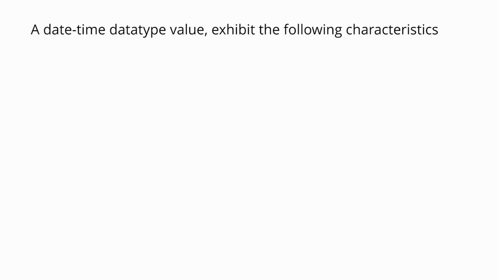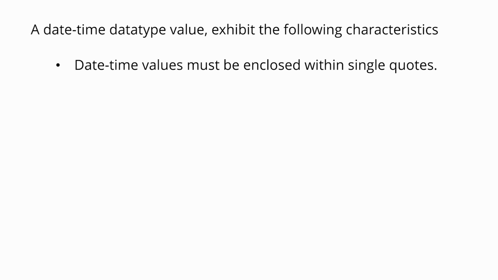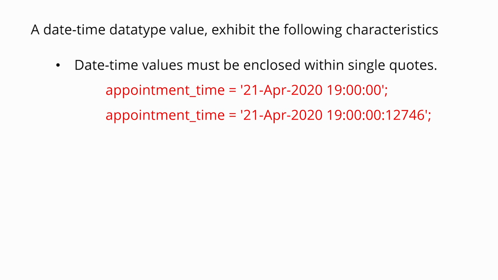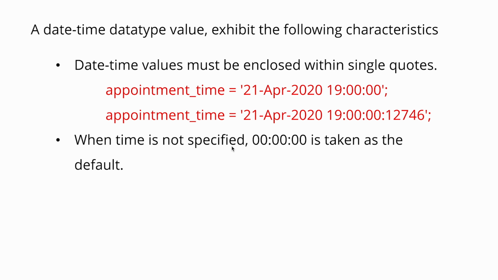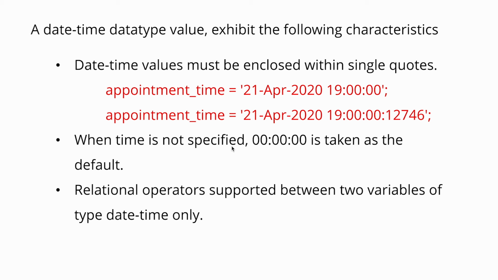The date time has the following characteristics. It must be enclosed within single quotes, and these are the various date time formats which we have. The relational orders are supported between two variables of date time only. So we cannot compare a date variable with date time, and similarly we cannot compare a time variable with date time.